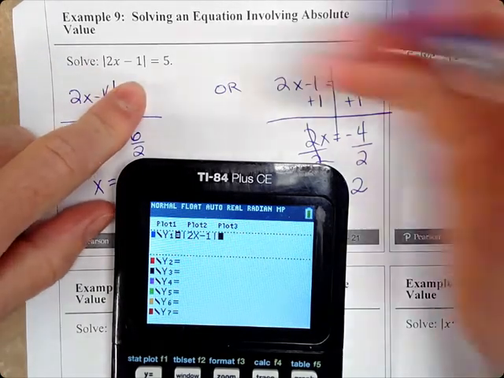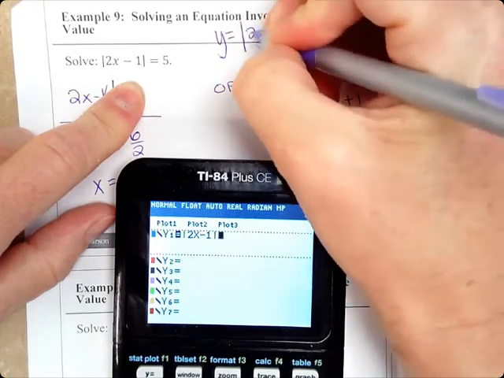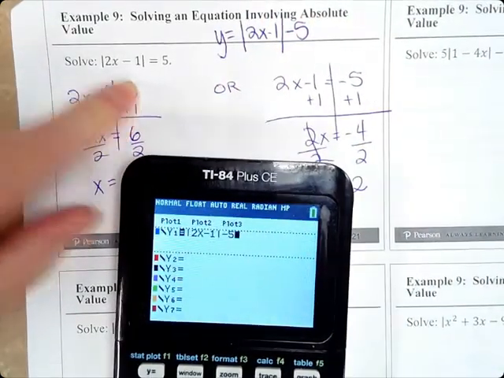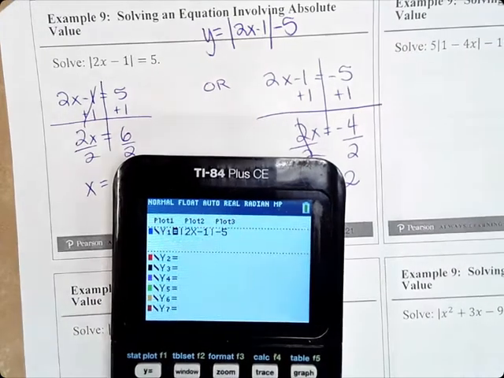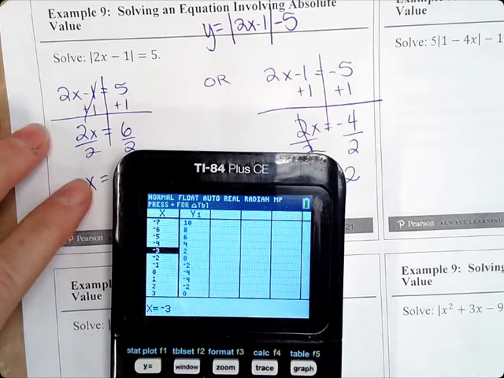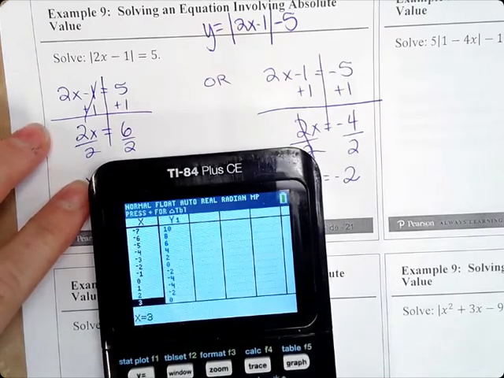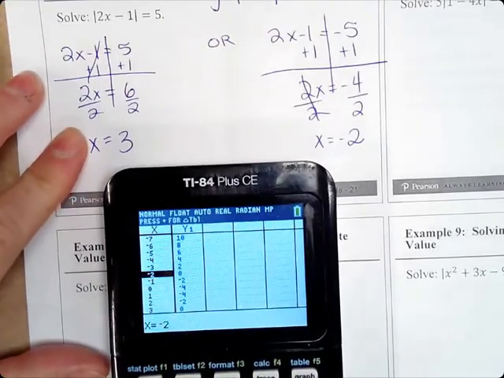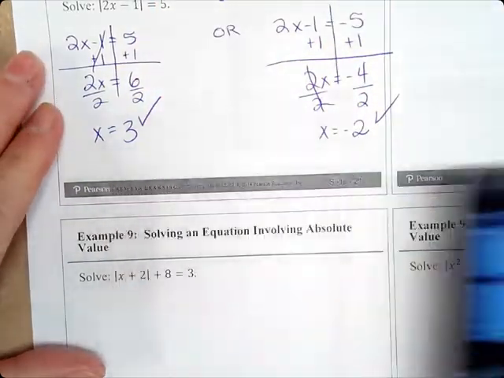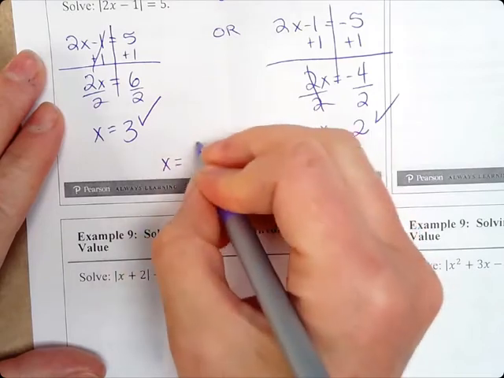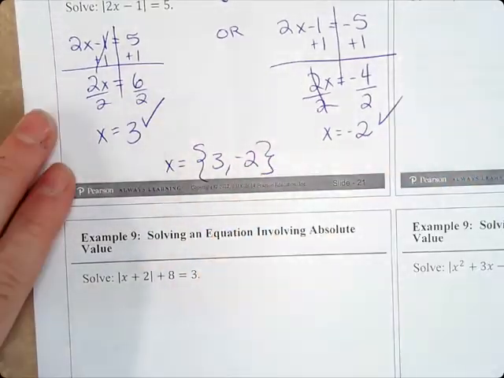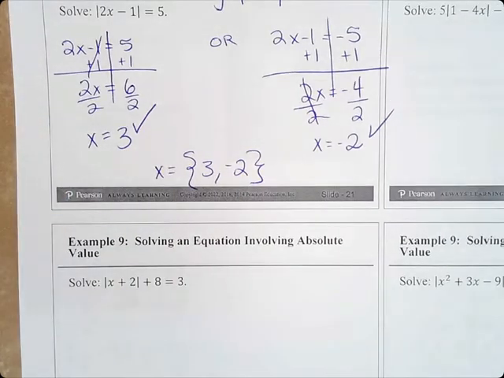So how can we put it into y equals? And then look at your table. Make sure that 3 is a 0 and negative 2 is a 0. Correct. They're both correct. So x equals 3, negative 2.